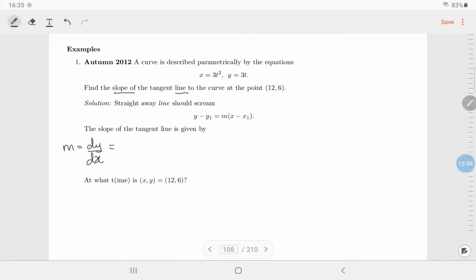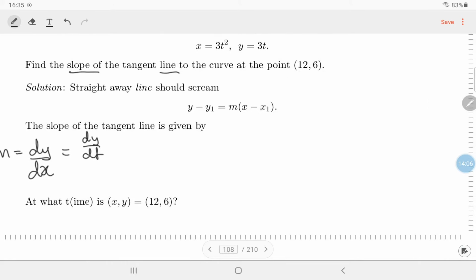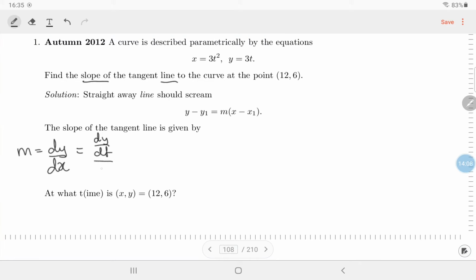And we've just shown on the previous page for parametric equations, dy/dx is dy/dt divided by dx/dt. So what's the derivative of 3t? Now you might say, oh, say 3. For later on, I'm going to get into this big thing about constants and term by term.